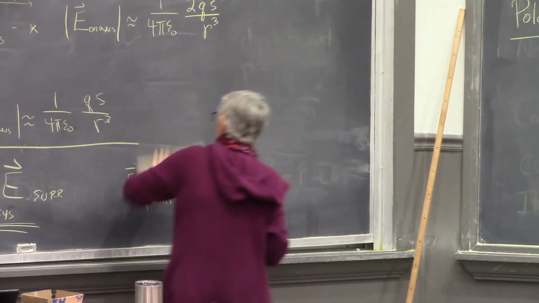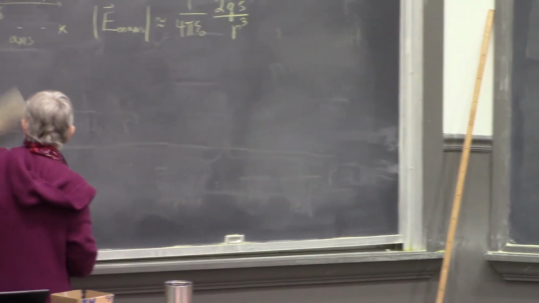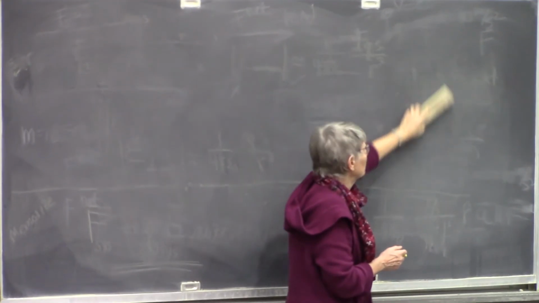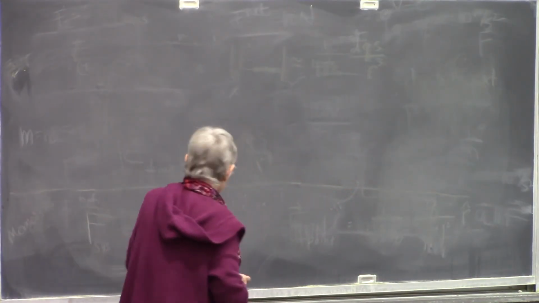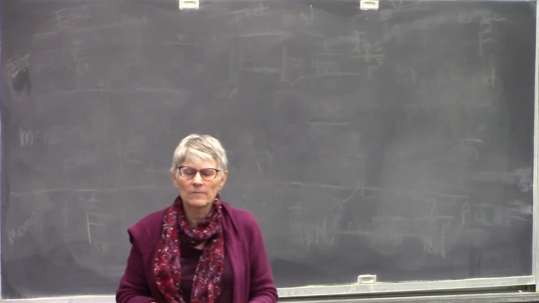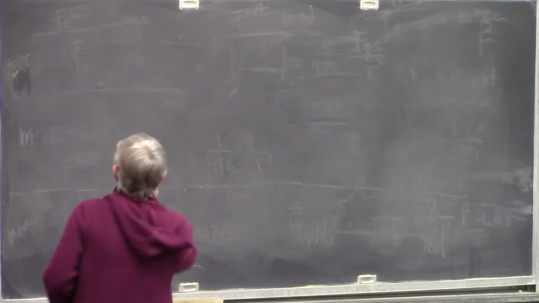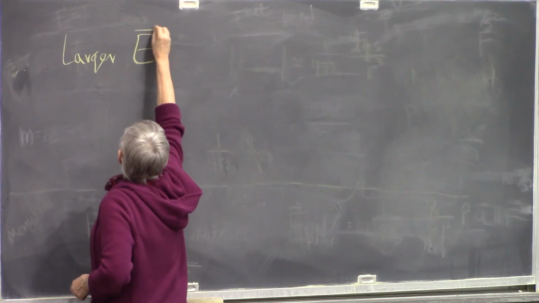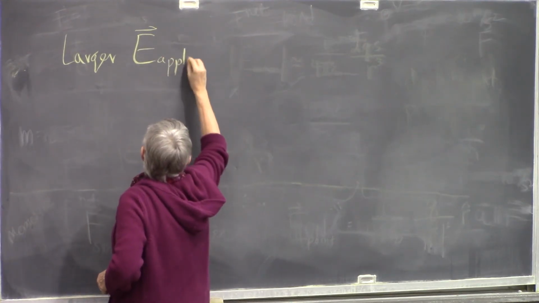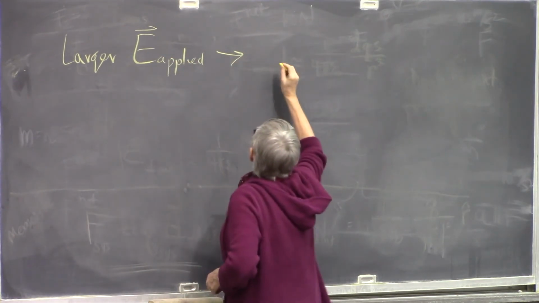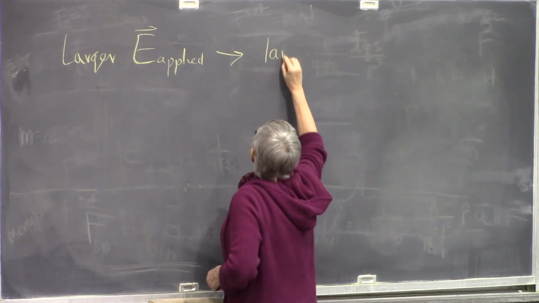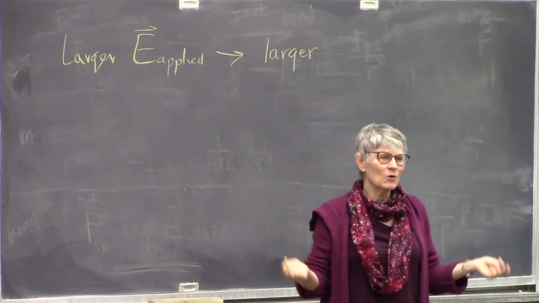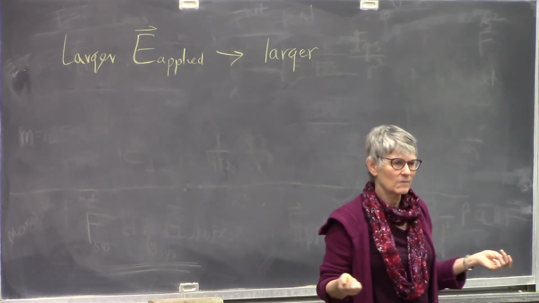For quite a while, this polarization is pretty much linearly proportional to the magnitude of the applied field, so a larger field gives a larger what? Well, a larger dipole moment. Right?